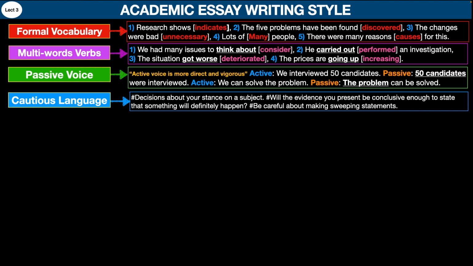If you say, okay, that's it, this is going to happen, how do you know? Nothing is confirmed. So you have to be very careful using cautious language when you provide your statements, opinions, arguments, and comments in the writing. Be careful about making sweeping comments.